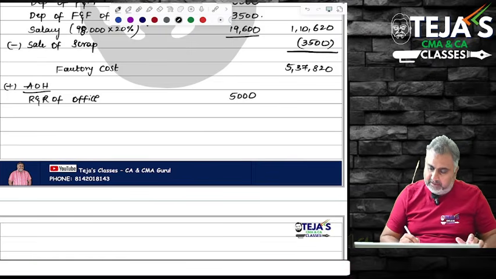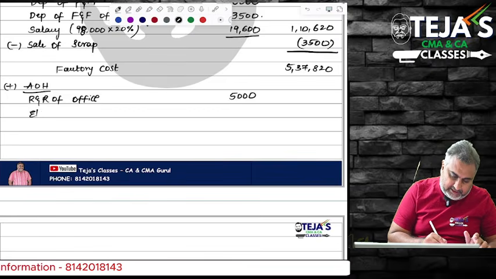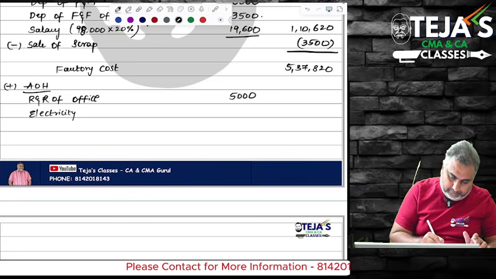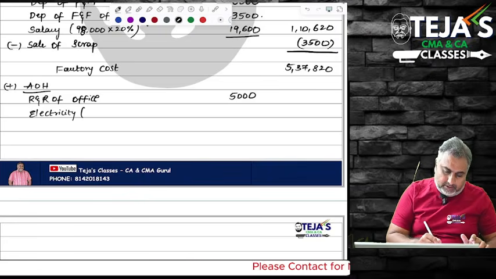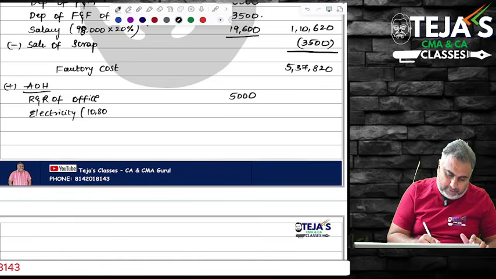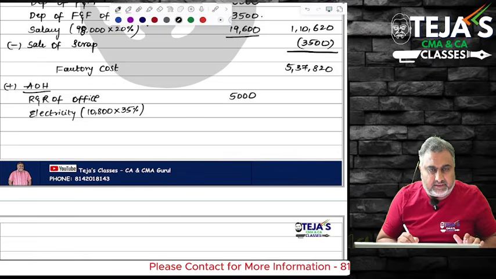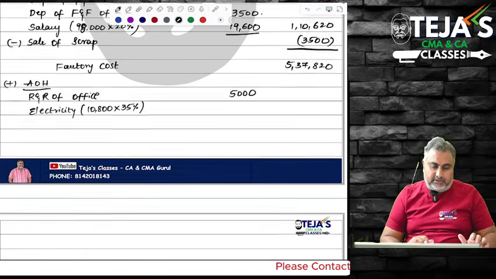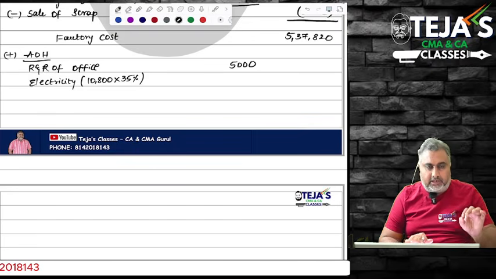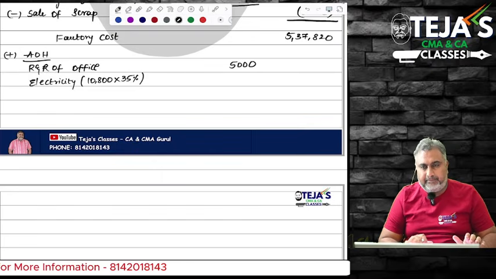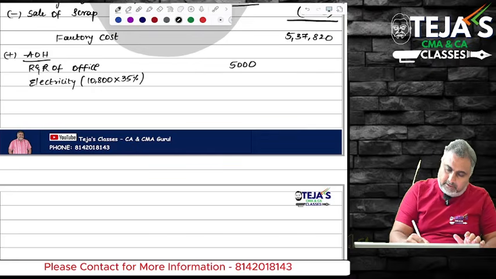Next, electricity. Totally 10,800. 65% we assign to factory, the balance 35% belongs to office. So 10,800 into 35% is 3,780.